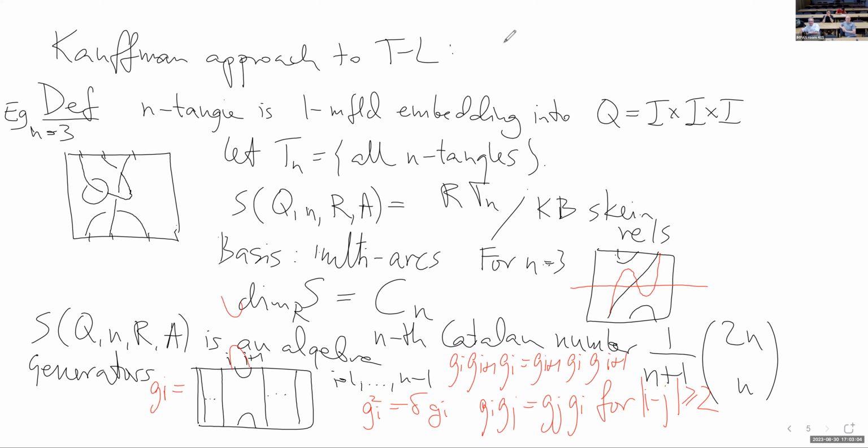What does it say? It says G_i followed by G_i+1, followed by G_i, should be equal to G_i, if everything is up to isotopy.